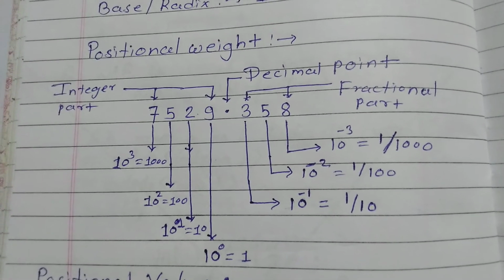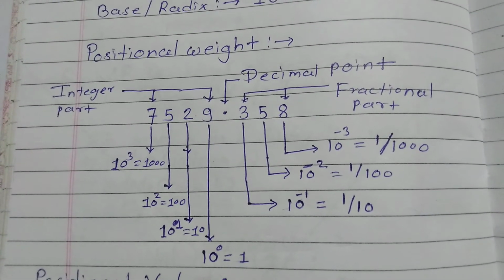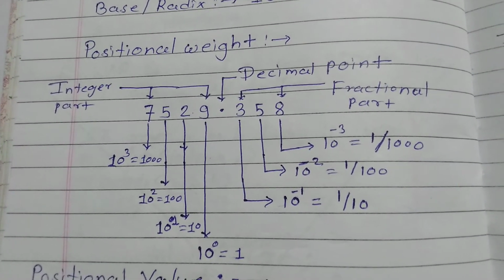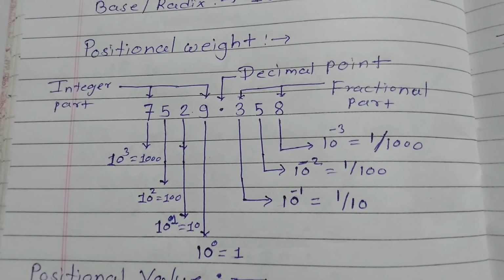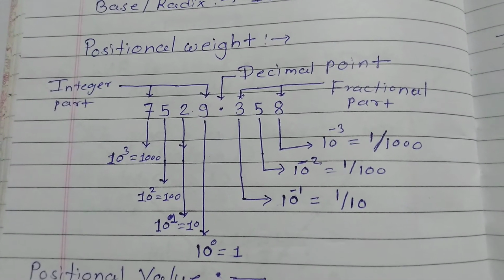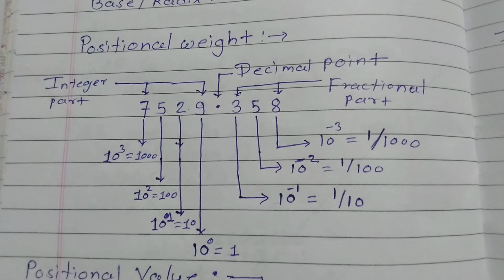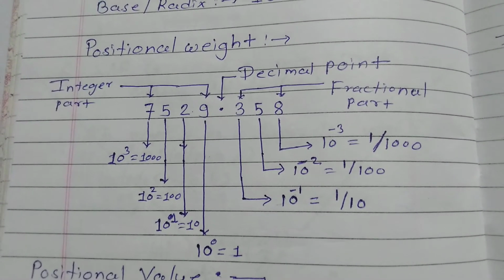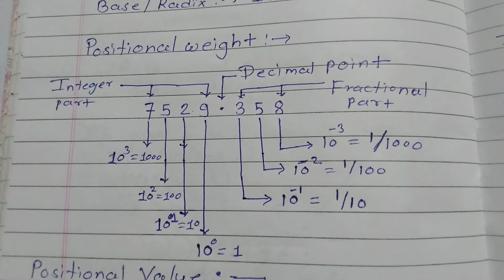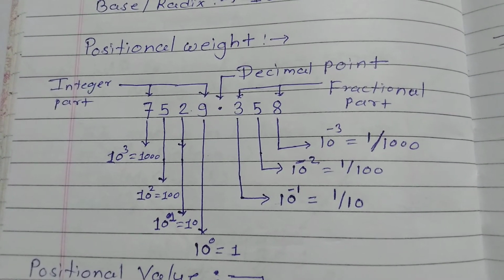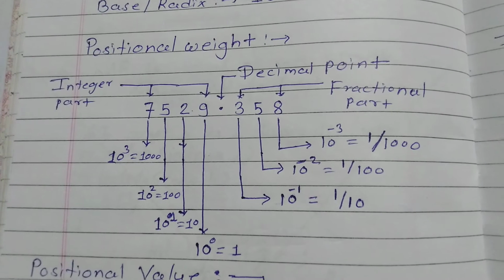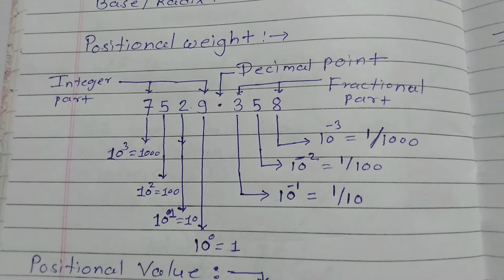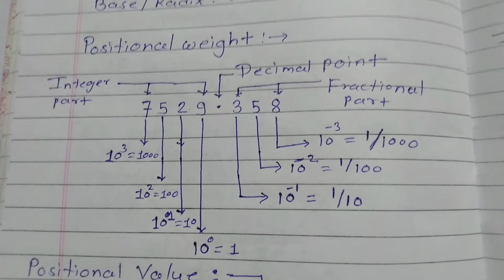Does each number in a decimal number system have a different value? Yes, it is correct. Each and every number which is placed in the decimal number system has its positional weight as well as positional value. So what do we mean by positional weight?